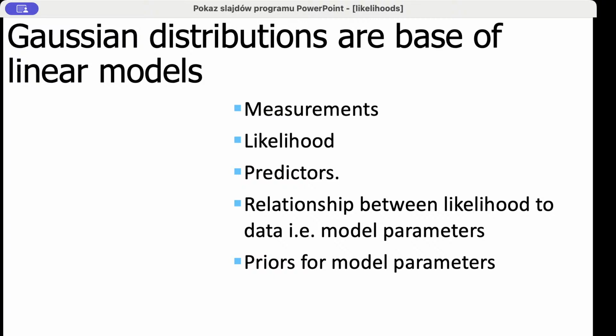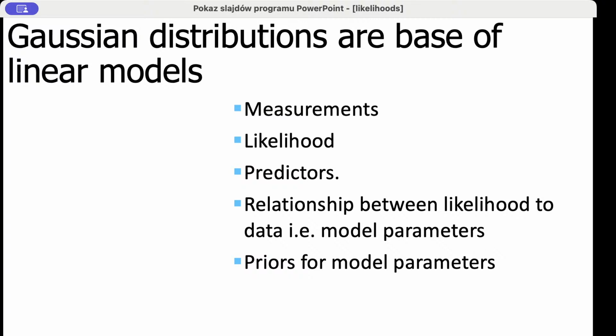In case of Student distributions, we don't have that comfort, so Student distribution results are mostly computed numerically. Gaussian distribution can be computed analytically, or using analytical computations we can improve our numerical computation.